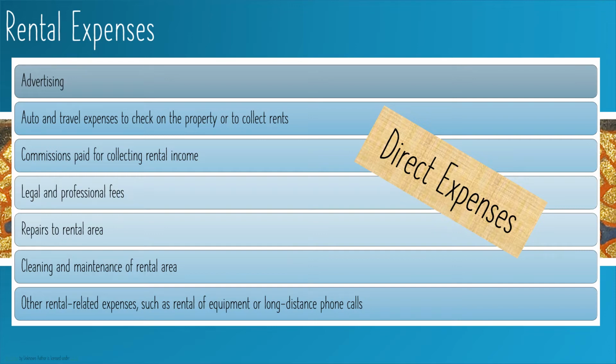Commissions paid for collecting rental income, legal and professional fees that are associated with the rental property, and then repairs to the rental area and cleaning and maintenance of the rental area. Again, if it's for that rental area, then it would be direct. If it's an expense that covered the whole home, then you might be looking at an indirect expense that needs to be allocated.